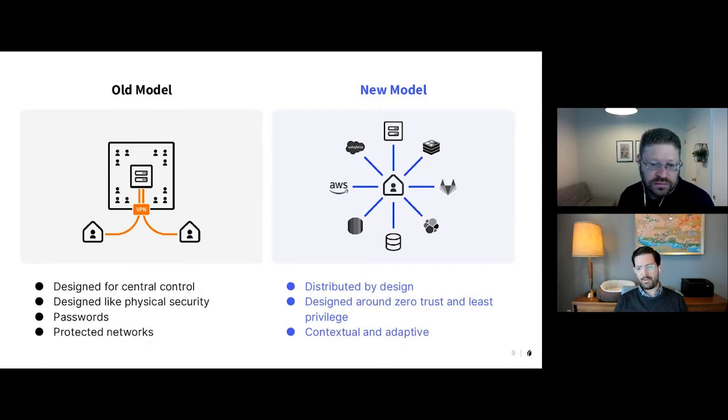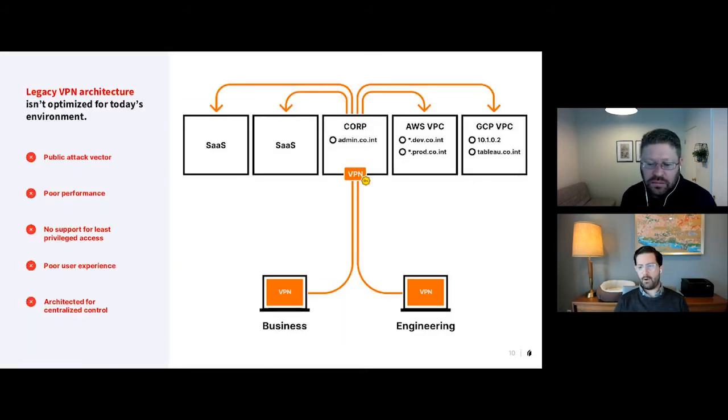Especially over the last 18 months, people have been working from all over the place, and what they've been relying on is still the old model. So what we need is a security model that's more distributed by design, which matches how people are actually working. I want to go into that in more detail to underscore the implications, and it will help clarify some of the worked examples that Lior will run through in a bit.